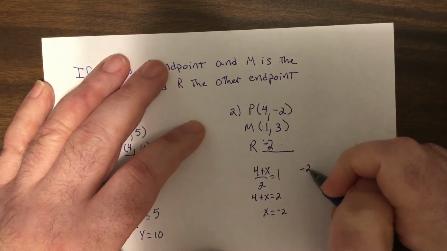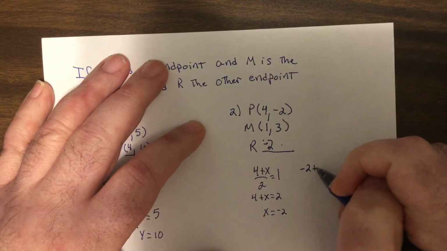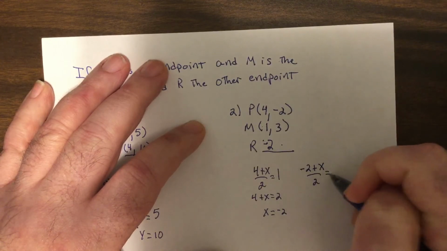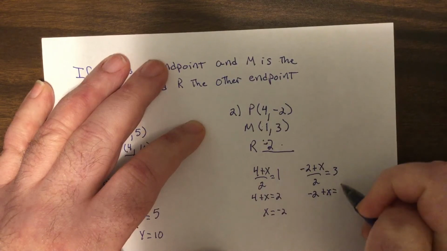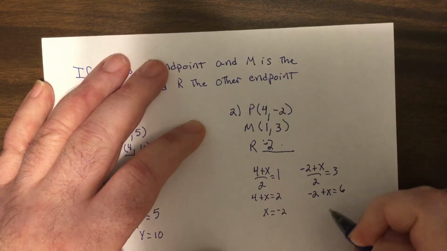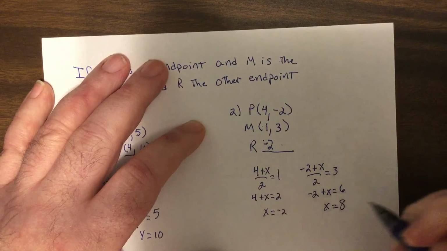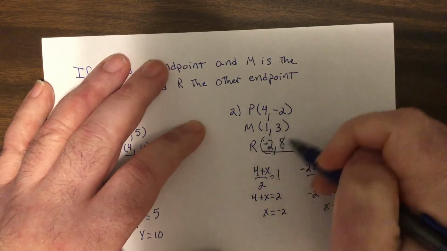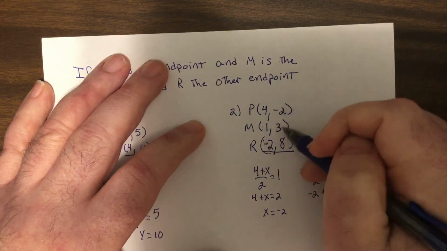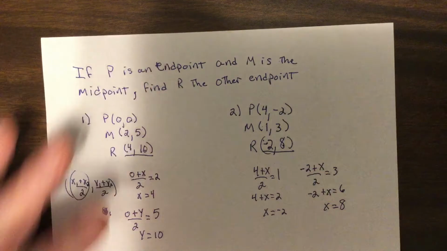So negative 2 plus x over 2 equals 3. So negative 2 plus x equals 6, multiplied by 2. So x equals 8. 5 below, 8 is 5 above. It's the same distance away.